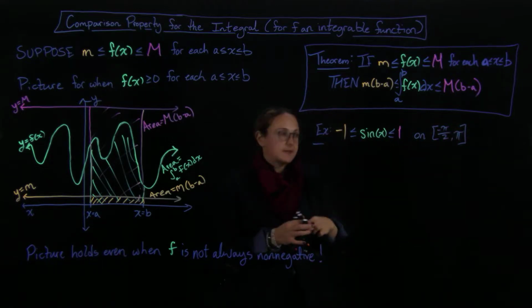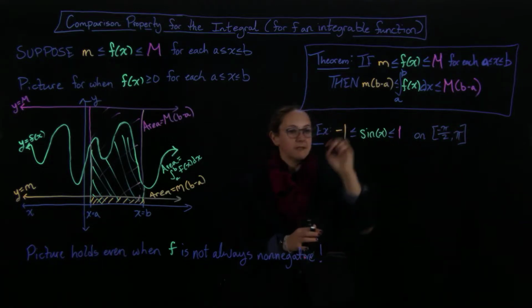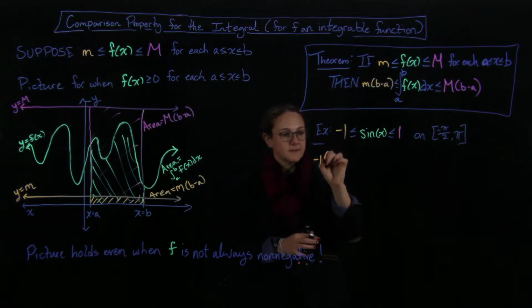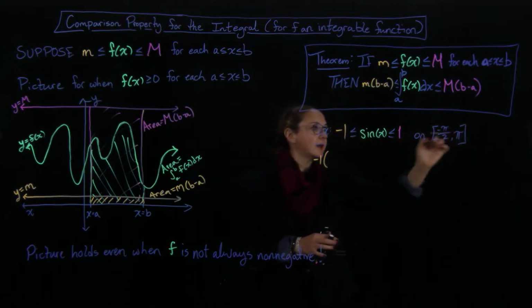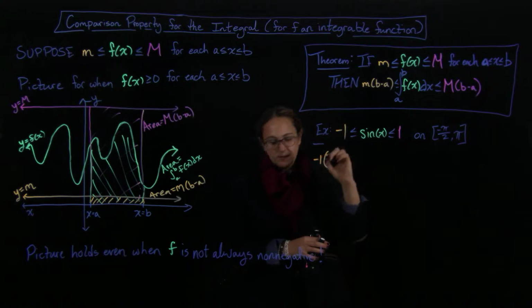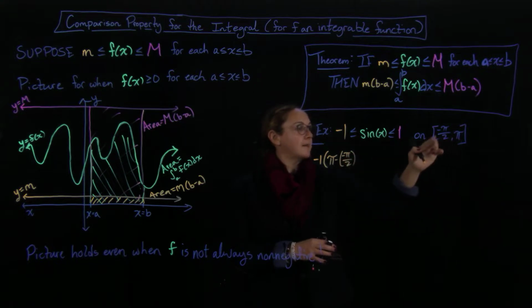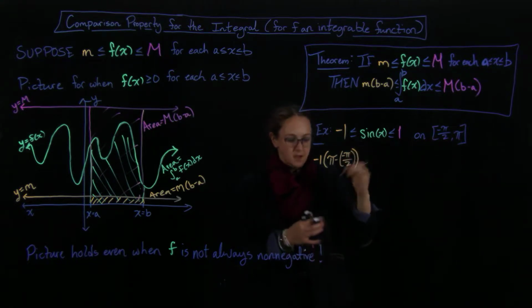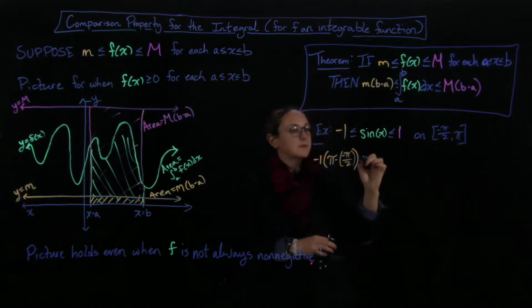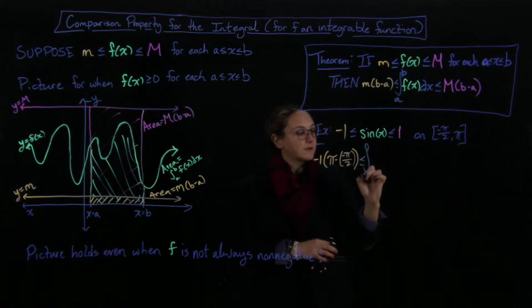Well, what does that tell me then? If I take this minus 1 from here, and I multiply it by the width of that interval, so this is pi minus pi over 2, then minus 1 times pi minus pi over 2 is going to be less than or equal to the integral from minus pi over 2 to pi, right?